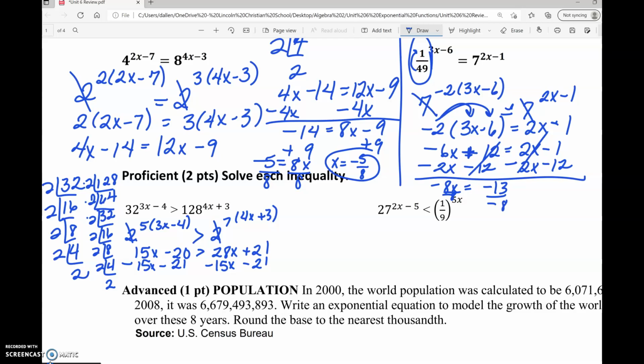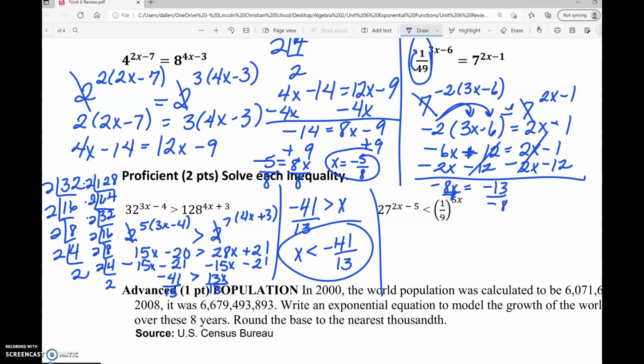So I get negative 41 is greater than 13x, and then divide by 13. So negative 41 over 13 is greater than x, so x is less than negative 41 over 13.